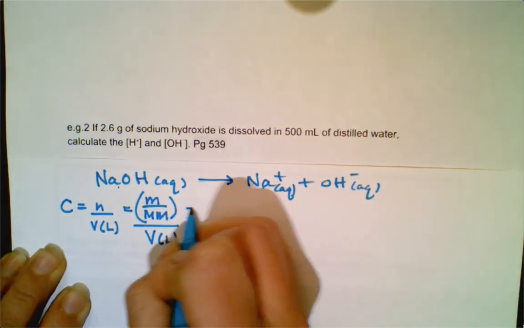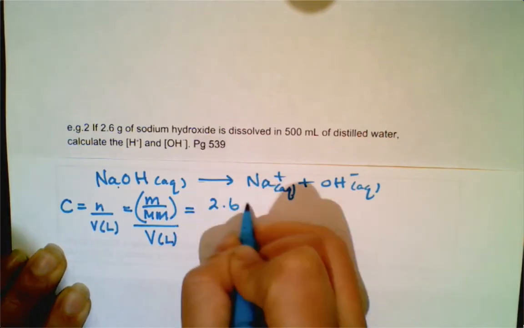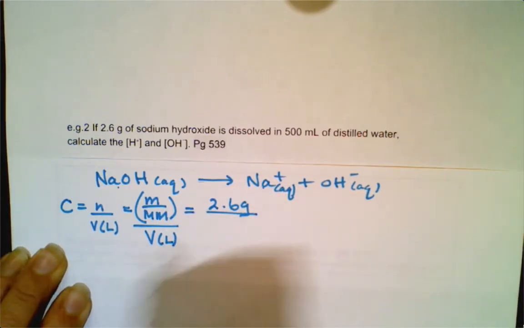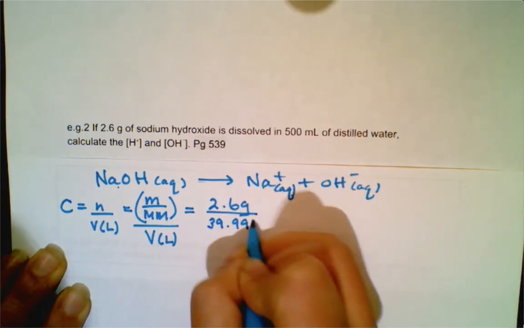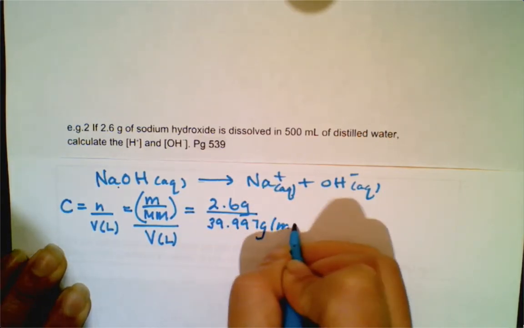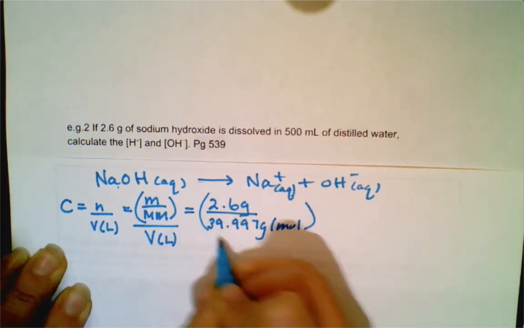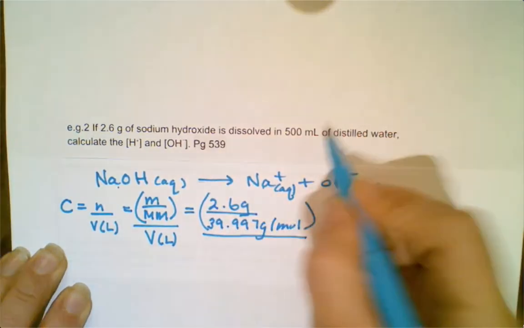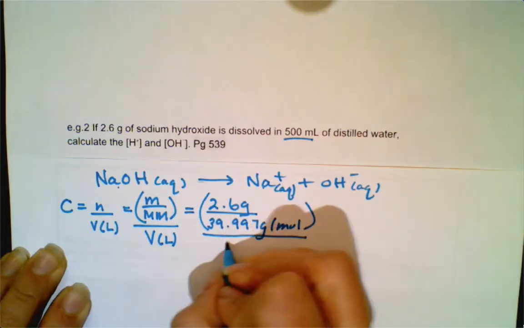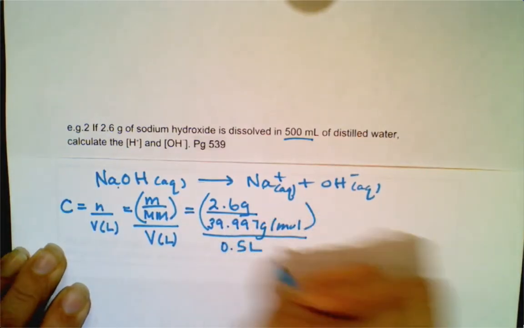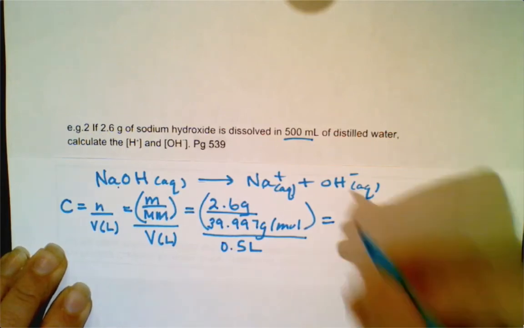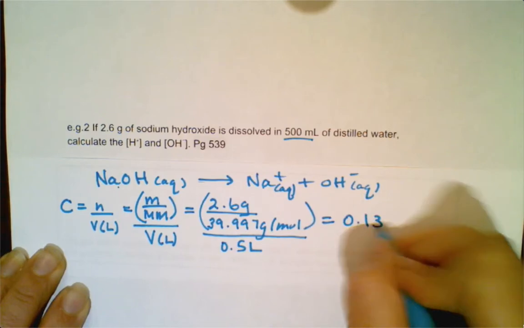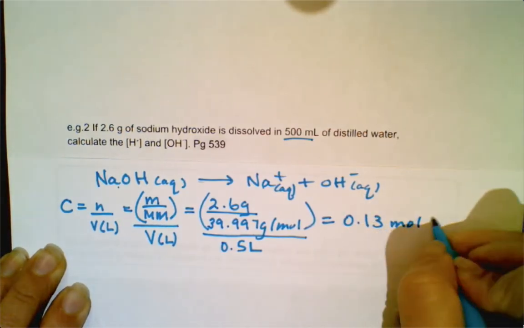What I will do is take 2.6 grams divided by the molar mass of sodium hydroxide, which is 39.997 grams per mole, divided by the volume. Now the volume I want to convert into liters, so that is 0.5 liters. When I complete that calculation, I end up with a value of 0.13 moles per liter.